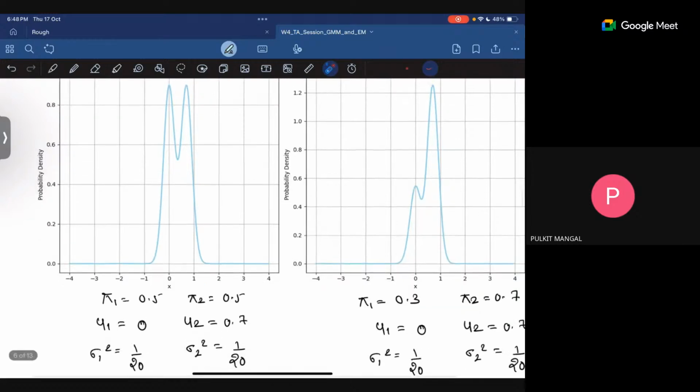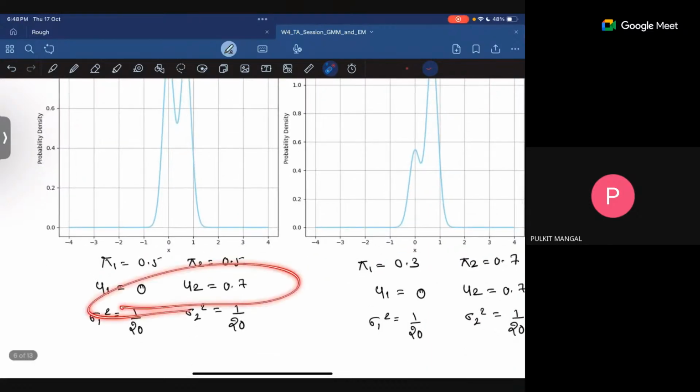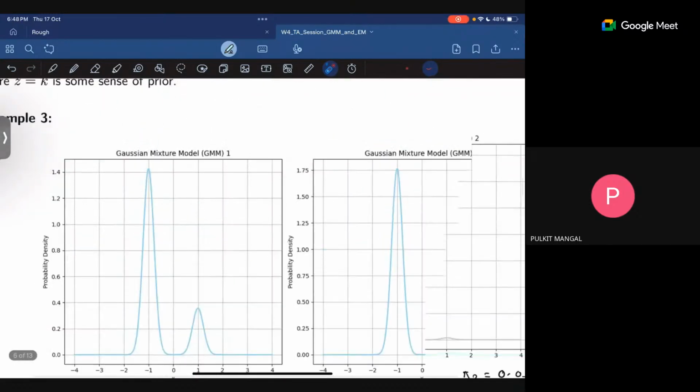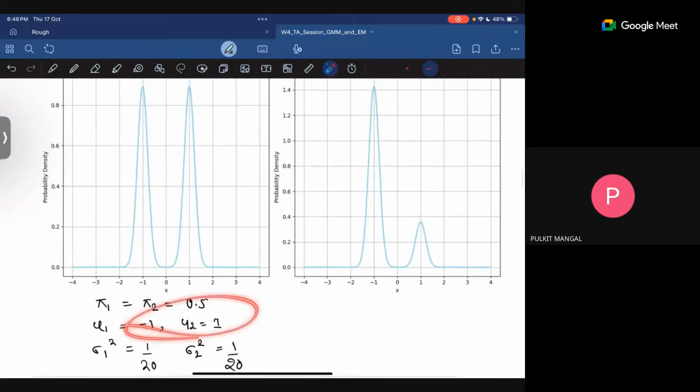The info that you should take from this is the farther the means are, the easier it is to distinguish between two components. Here the means are very close, while in the first graph the means were far away from each other. The closer they are, the harder it is.